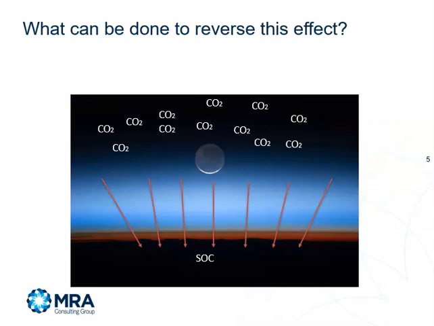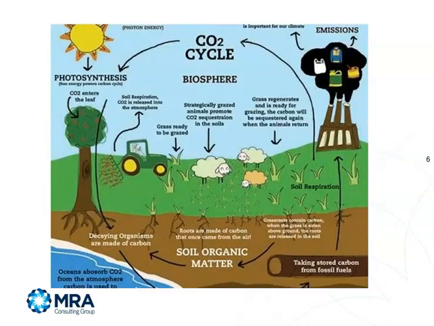One possible action is to capture the CO2 in the air and put it back into the soil as soil organic carbon. This can be done through nature's natural system of recycling carbon, the CO2 cycle. Carbon cycles through trees, plants, and animals, which then decay in soil. CO2 cycles through animals, trees, and plants as carbohydrates.